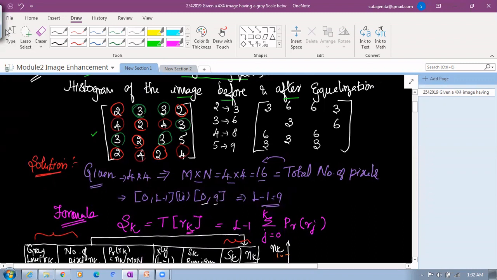Then intensity level 4 replaced by 8. Let me replace all intensities of 4 by 8. And finally intensity level 5 replaced by 9. So this is your output image segment after performing histogram equalization.